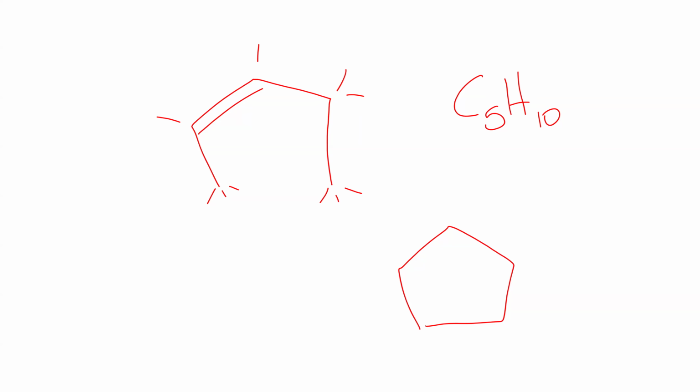Which is one of the reasons why benzene's formula was so confusing at first, because how many pairs of hydrogens are missing? It's got 6 carbons, so if it was saturated, it'd be C6H14, right? 2n plus 2.